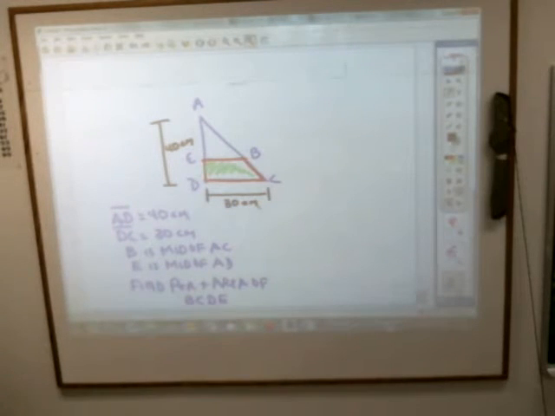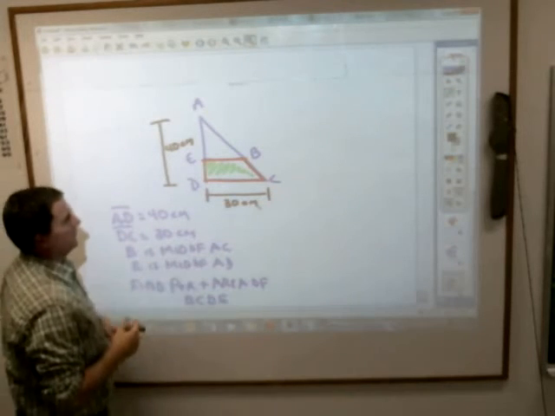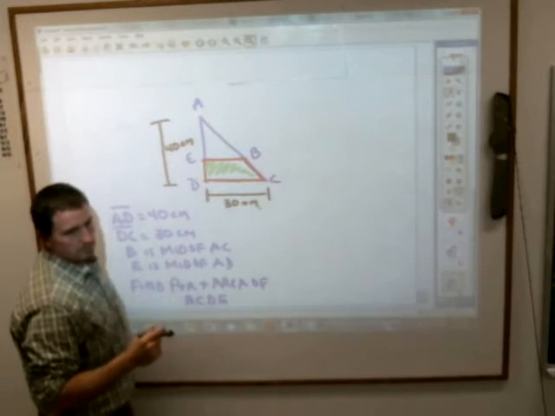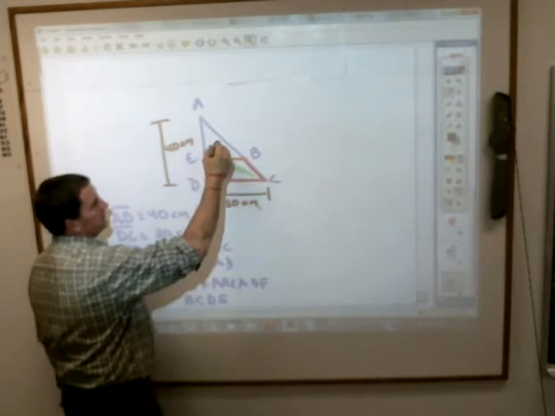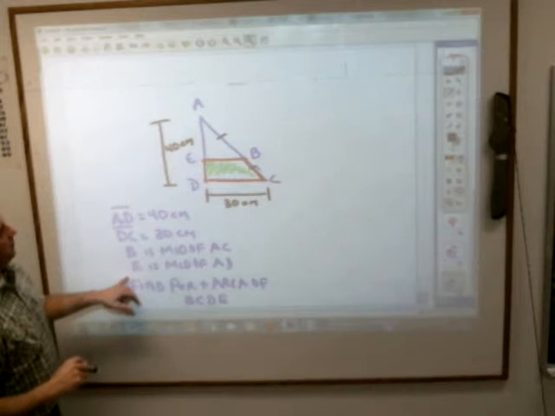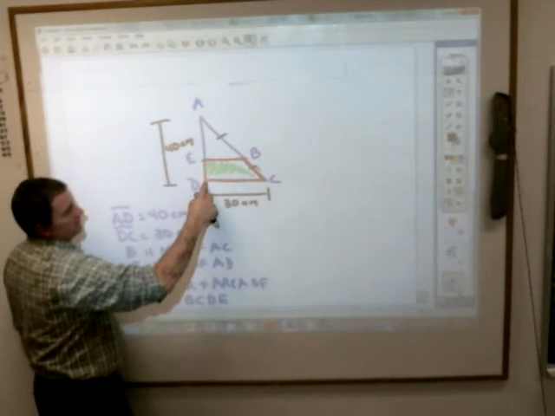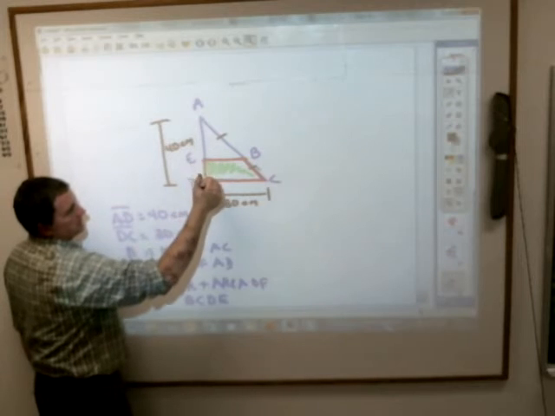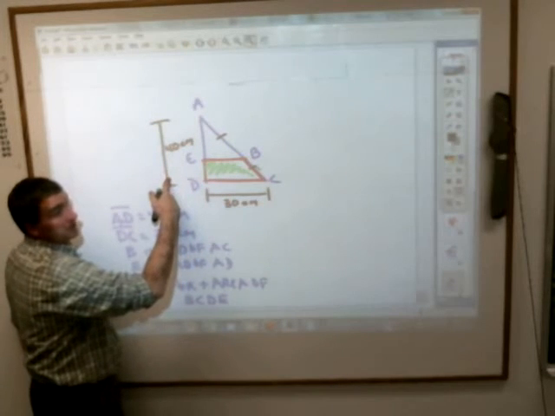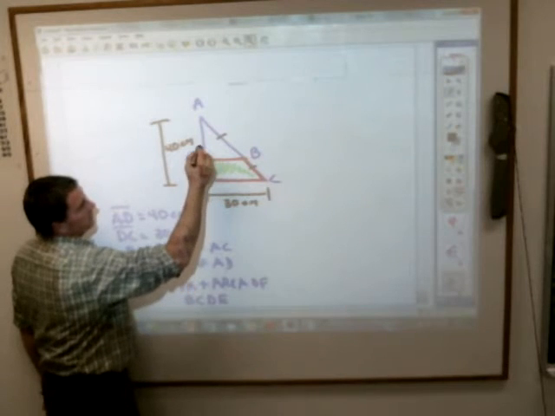Oh, I do know that B is the middle of AC. If I know that, what do I know then? I know that this piece equals this piece. E is the midpoint of AD. If this is the middle of AD, what is this and what is this? If it's 40 all the way and it's in the middle, it cuts it in half, it is 20 and 20.